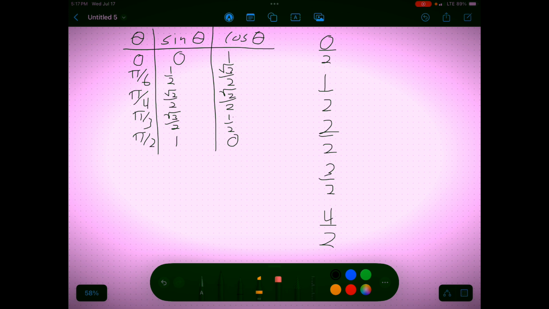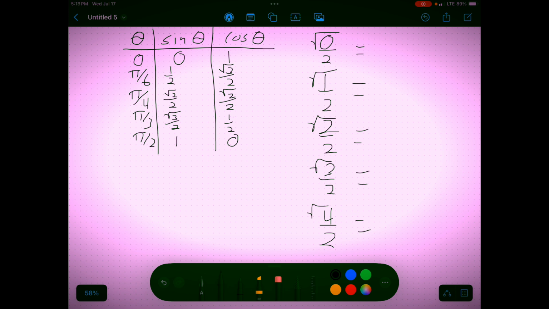Because if I just do everything over 2, that's a pattern. 0, 1, 2, 3, 4, that's a pattern. And now what I'm going to do is I'm going to put a square root over the numerator of every single one of these. And then I'm going to note what they're equal to.